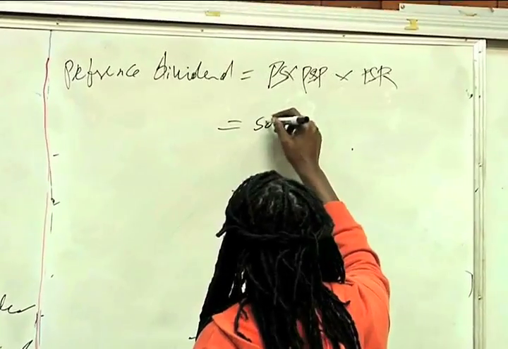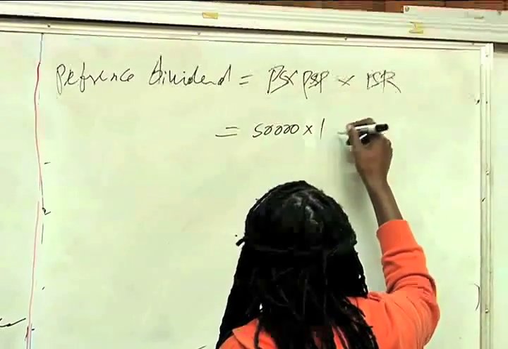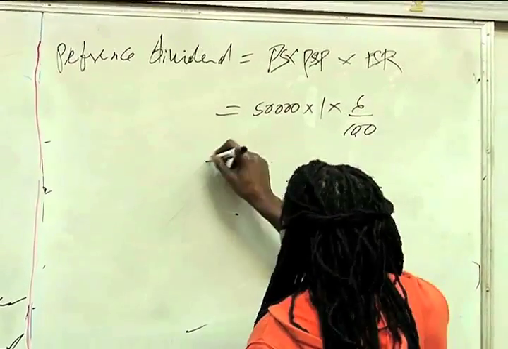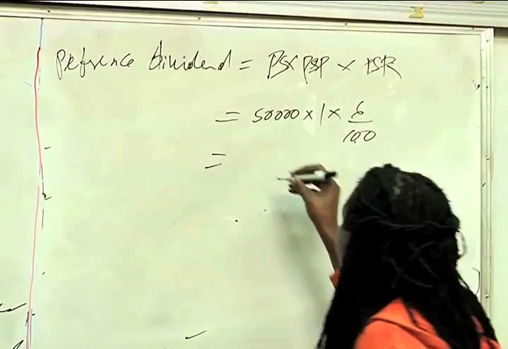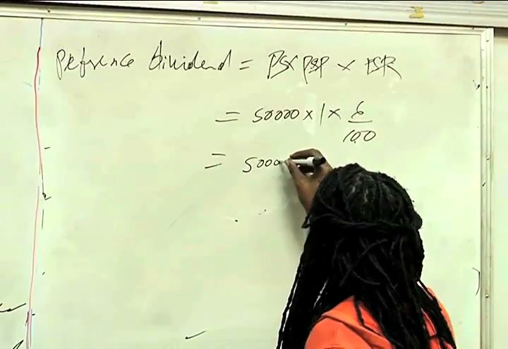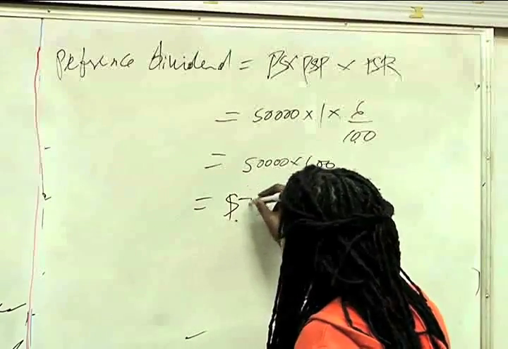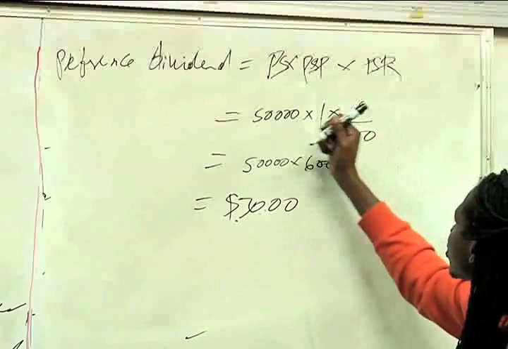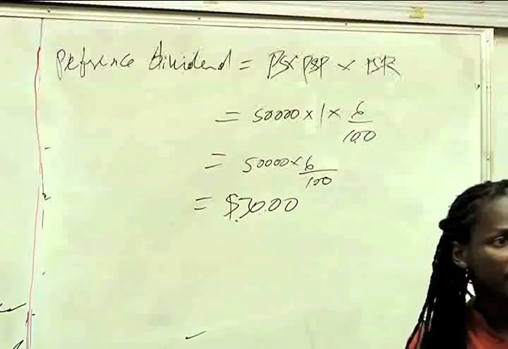PS is 50,000 times PSP 1 times 6/100 equals 50,000 times 6/100, which is 3,000. You see it?